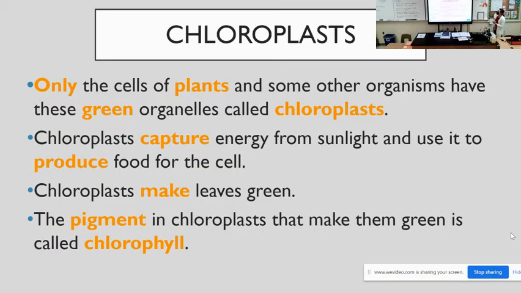Okay, then the next type of organelle, this is specific to plant cells, are green organelles called chloroplasts. Now they actually are green when you look at them in the cells. And what chloroplasts do is they capture energy from sunlight and use it to produce food for the cell. Through the process of photosynthesis, this is where that occurs. Chloroplasts also make leaves green, and that is what we see.